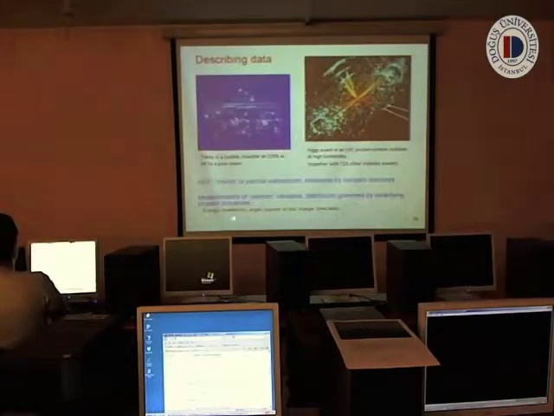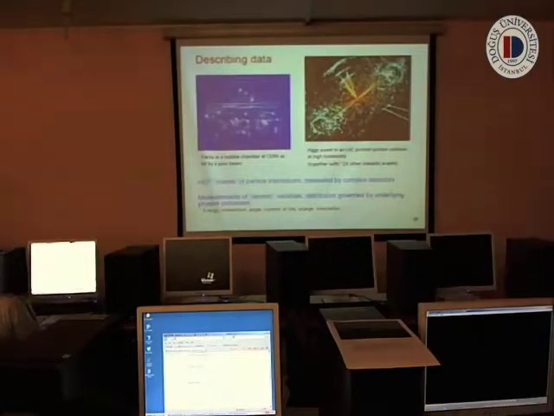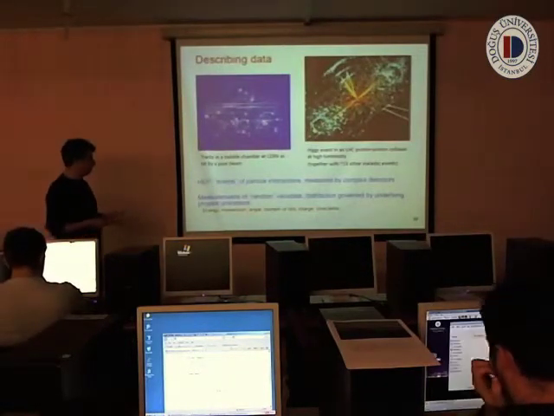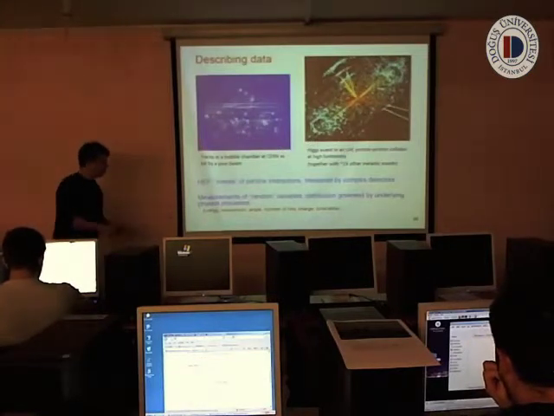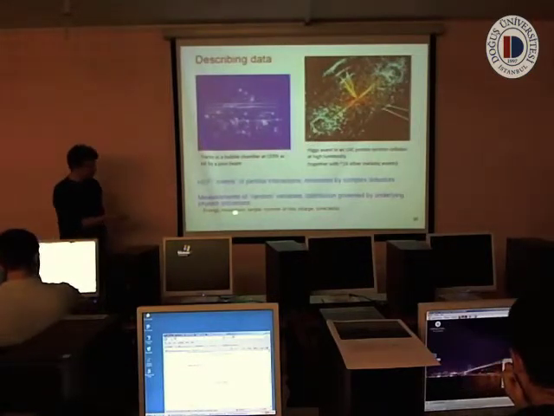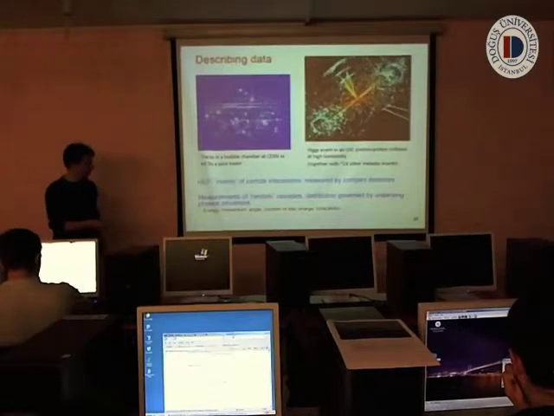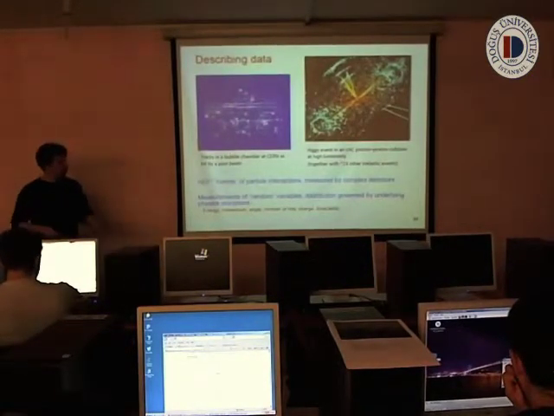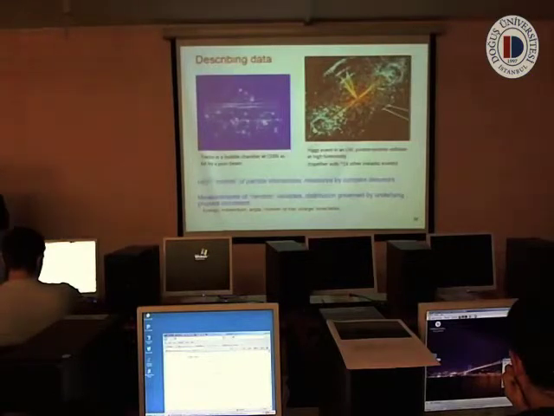And what we measure are then random variables of these events, named distributions, which come from the underlying physics processes, of course, and which is what we want to find out. And here's an example of the things that you can measure: energy, momentum of the particles, the angle, number of hits in a certain detector, the charge, the delta of the time.